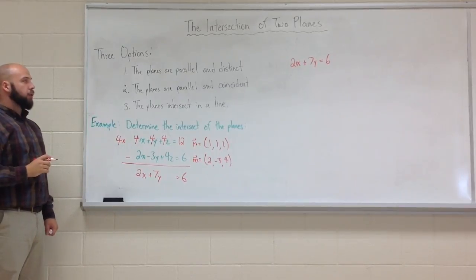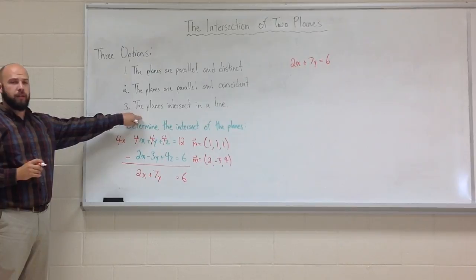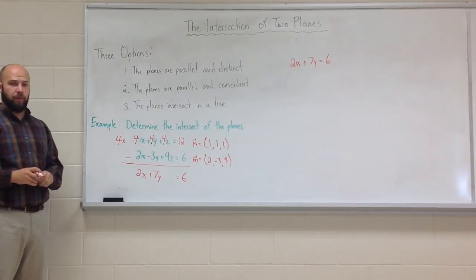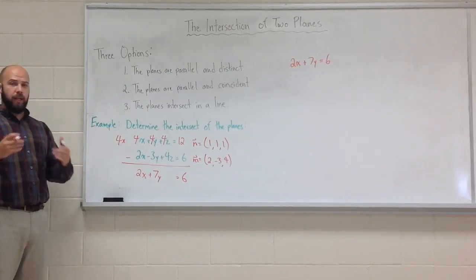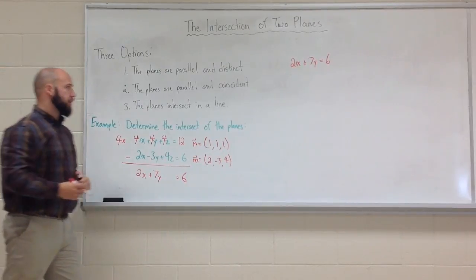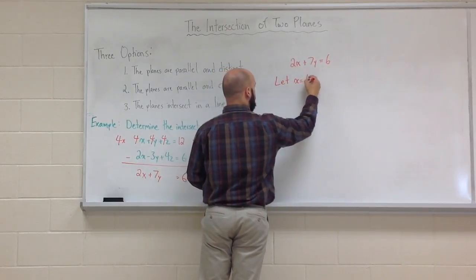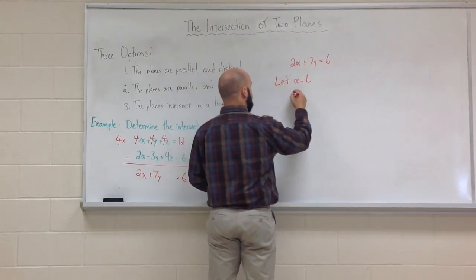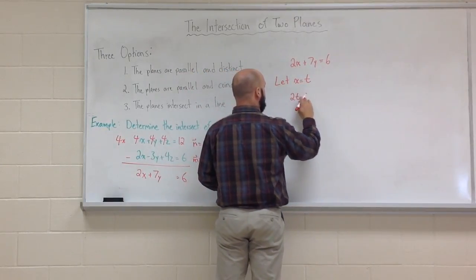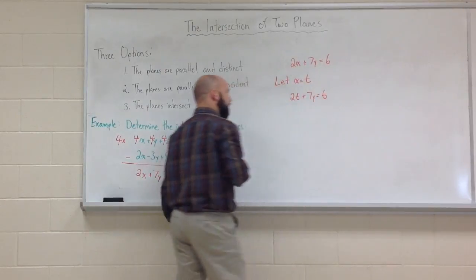Because we are solving for the parametric equations of the line in which these planes intersect, we're going to need a parameter. The easiest thing to do now is let one of your variables equal your parameter. I like to choose x. If we let x equal t, we know that 2t plus 7y equals 6.